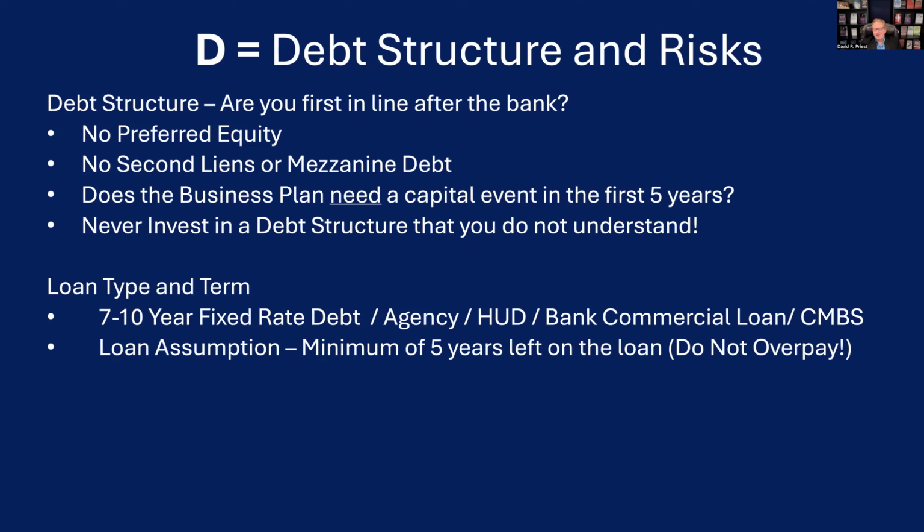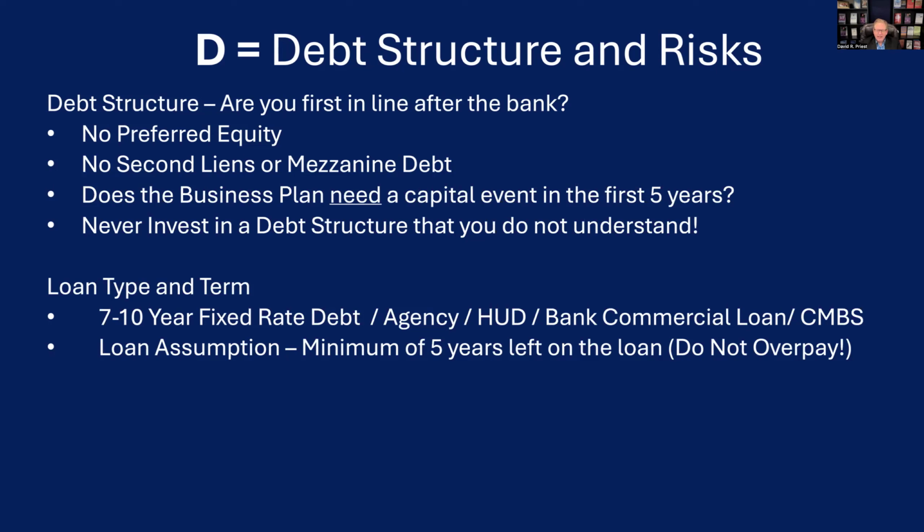So what's awesome about agency debt is it can be assumed. So there are deals out there where people closed in 2020 or 2021, and they were getting like a 3% interest rate. And right now the market's a little bit over 5. You can go in and buy the property and assume those loans, okay, and get that low interest rate.